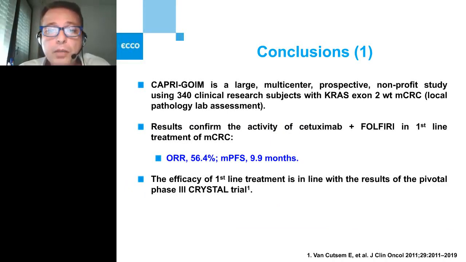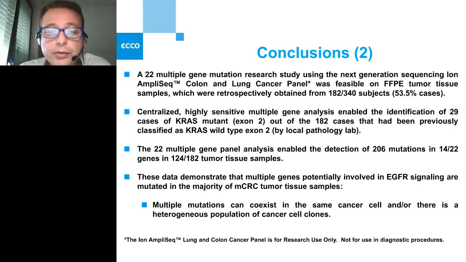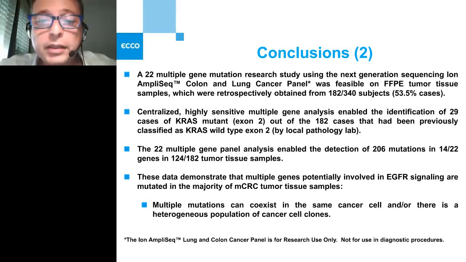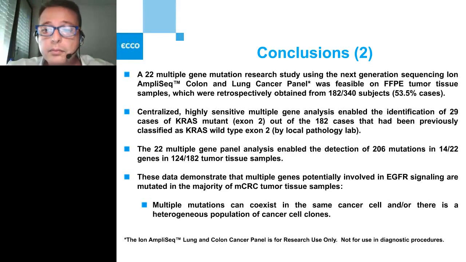More importantly, by using this approach, we can represent the molecular complexity of these tumors, and we believe that this might have important implications for better understanding the outcome of these patients and the efficacy of treatments in this particular setting.